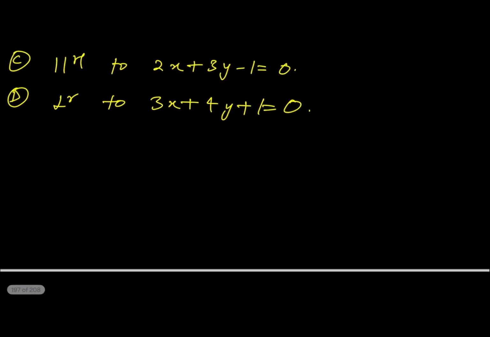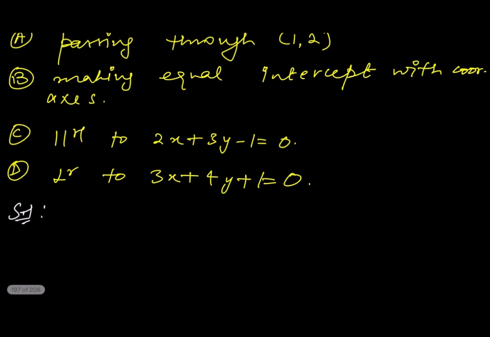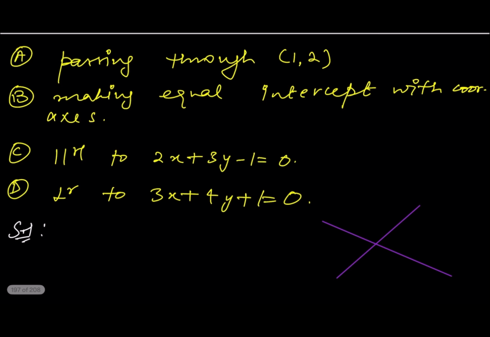Students, see, there are infinite lines which can pass through the intersection of L1 and L2. Again, if I am drawing the figure for this question, there are some lines passing through the intersection of these two given lines.